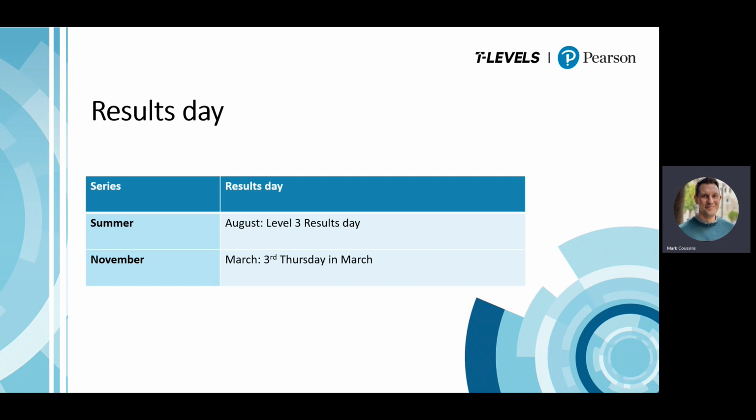As per all Pearson results, we will communicate to you in advance of results day and provide embargoed results prior to this date. We will make available scorecards outlining the achievement in percentage terms against each assessment objective. We will offer a service whereby achievements will be presented in an item-by-item format through our existing platform, Results Plus.